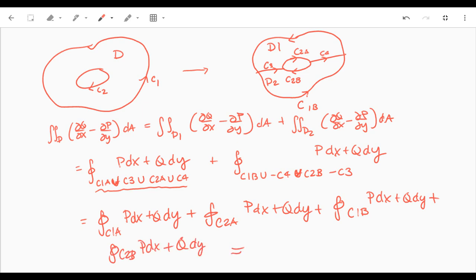Then we have the integral over C1 of P dx plus Q dy plus the integral over C2 of P dx plus Q dy. So we can just do those two integrals.